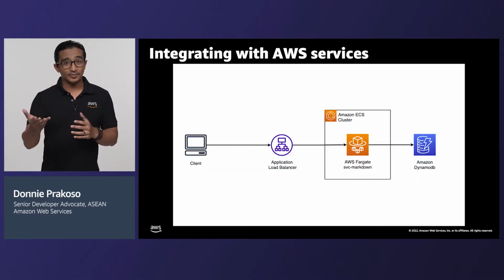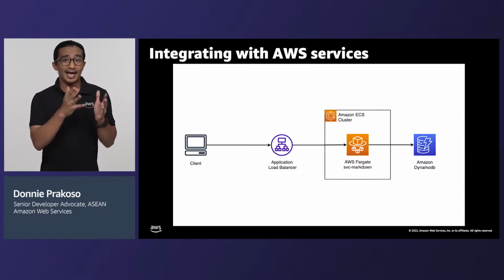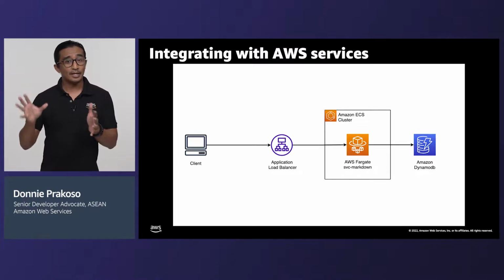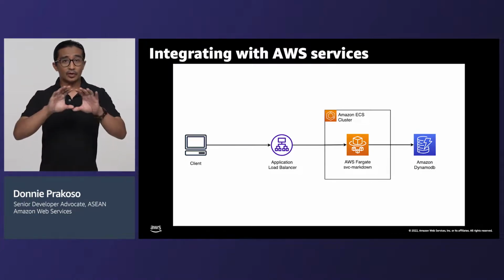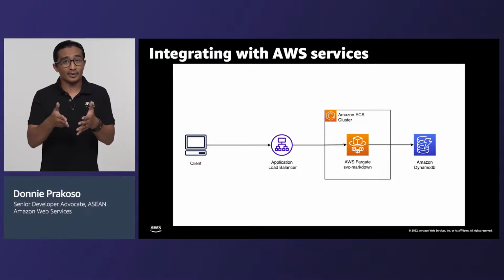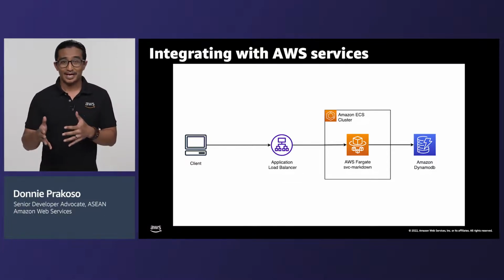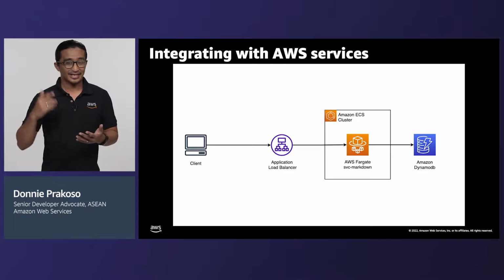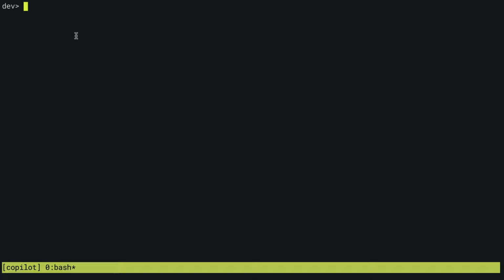In the next demo, we will show you how we can add integration for our Markdown Service API with Amazon DynamoDB to log all the requests into a database. Copilot will also create the necessary IAM role and inject environment variables for us, so all we need to do is code the integration in our application. Wondering how all of this works? Let's jump into the next demo.